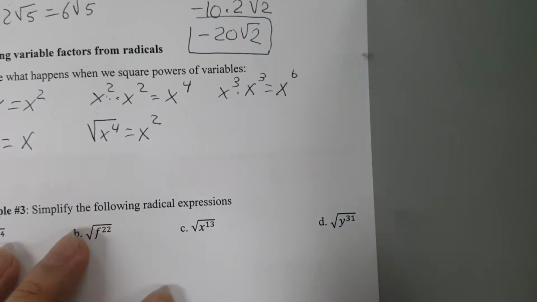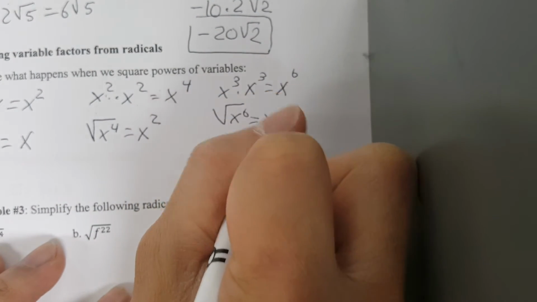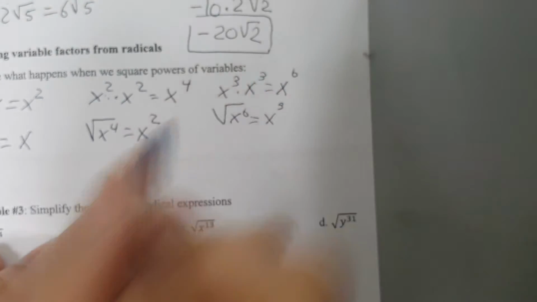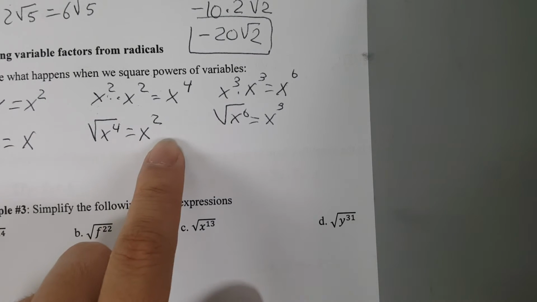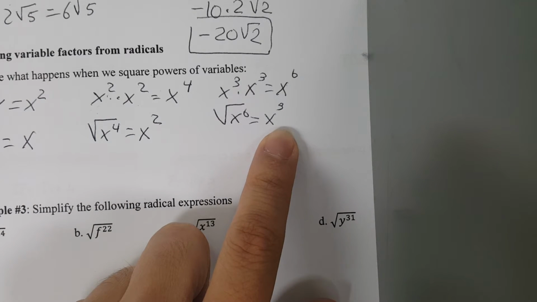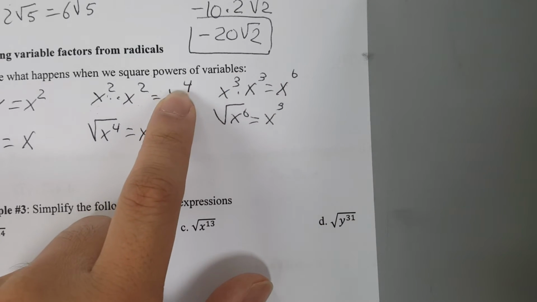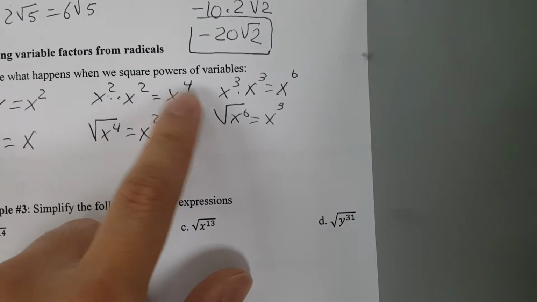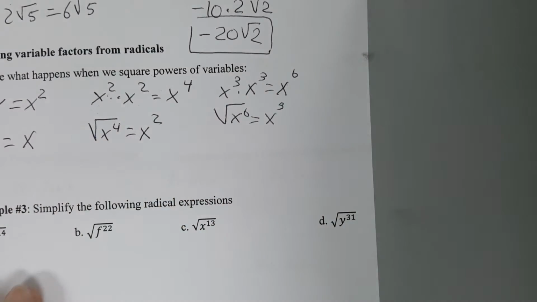And here, the square root of x to the 6th is just x to the 3rd. So what this really means is that if I have a power which has an even exponent, for the square root, you just have to divide the exponent by 2.